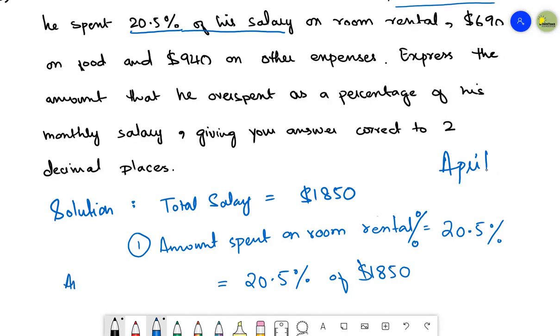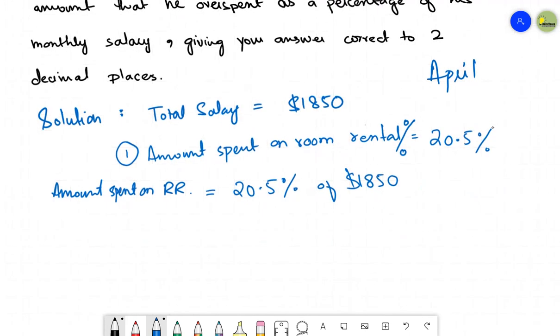Amount spent on room rental. Let's suppose I'm just writing in short form, room rental RR. So this was the percentage, and in this way we can find out the exact quantity in terms of number.